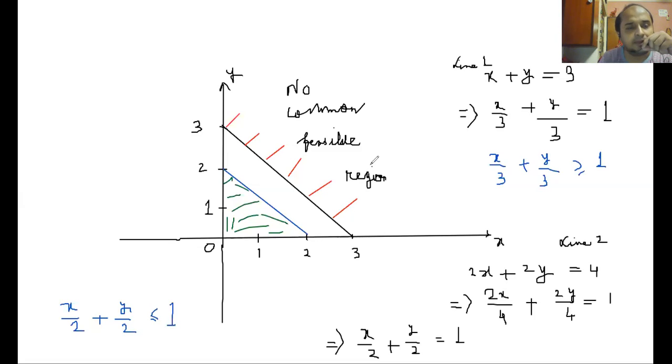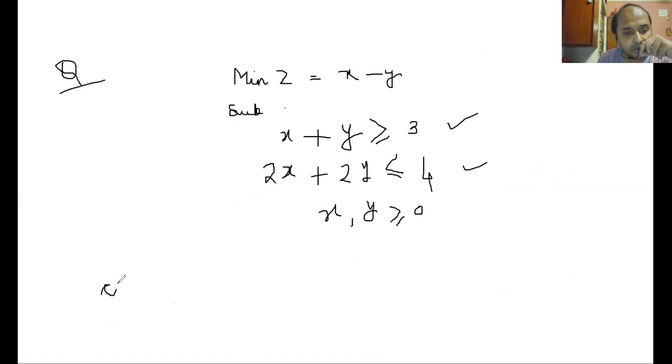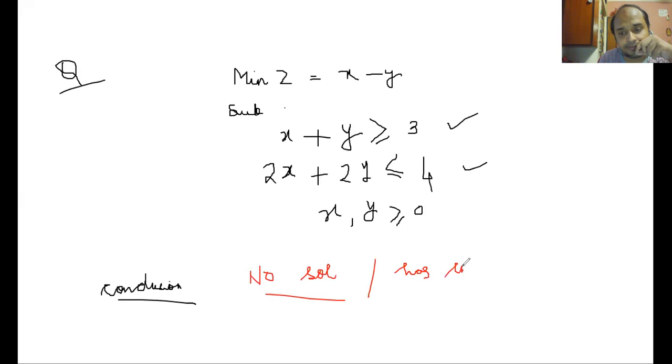But if a particular problem doesn't have any corner point at all, our conclusion would be that this particular problem has no solution at all. Or you can say that this particular problem has an infeasible solution. No solution or infeasible solution.